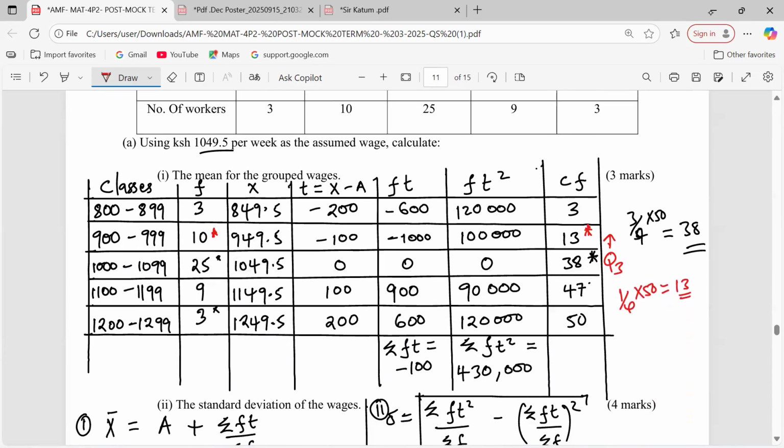For example, for this Q1 class, we take 900 as the lower limit, and the previous upper limit of 899. Then you divide by 2.